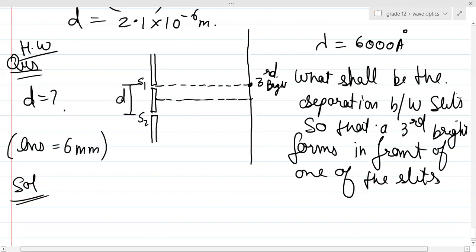Is it clear? Yes, sir. Okay. Also, capital D is given to you. The distance between the slit plane and the screen, D, is given to be how much? 10 meters.